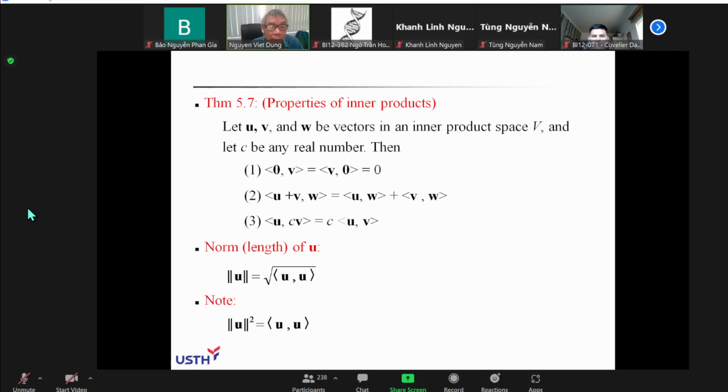You remember that? Yes. And then it makes sense when you take the square root here.